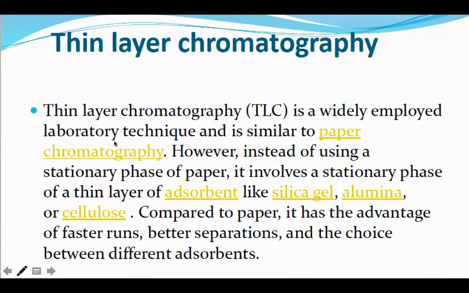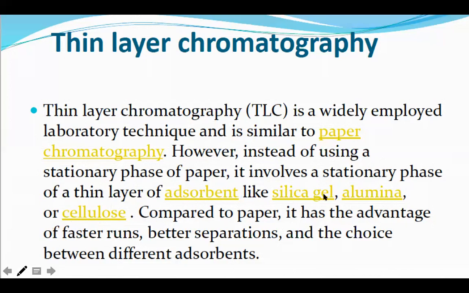So thin layer chromatography, I already pronounced several times. Thin layer chromatography, or in short TLC, is a widely employed laboratory technique and is similar to paper chromatography. The principle is almost the same. However, instead of a stationary phase of paper, it involves a stationary phase of a thin layer of adsorbent like silica gel, alumina or cellulose.